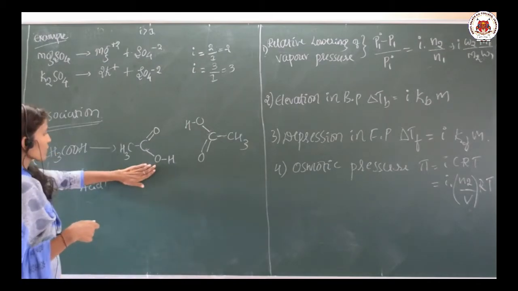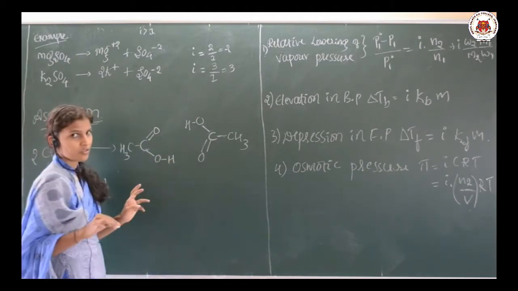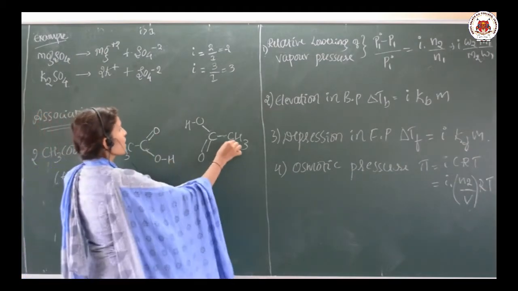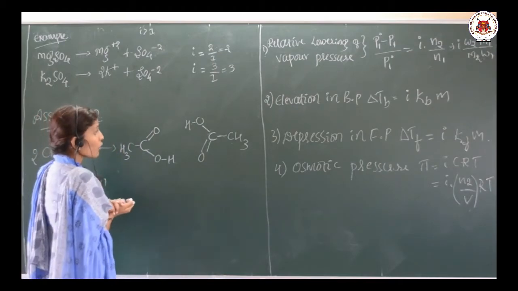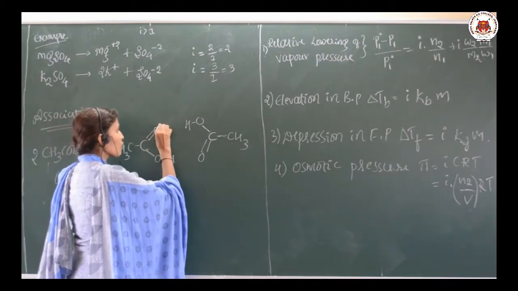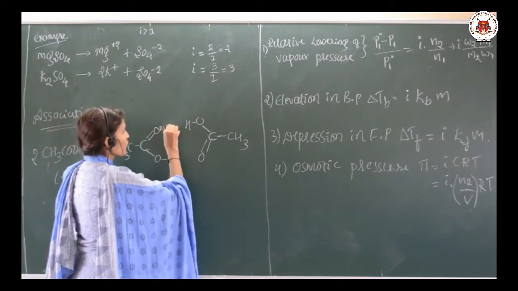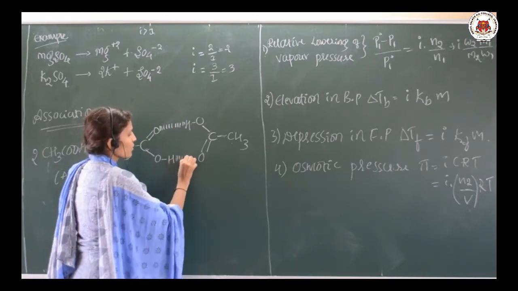See here, this is one molecule of acetic acid, CH3COOH, and another CH3COOH. So, what happens? It is going to form a dimer, with the formation of a hydrogen bond between this oxygen and this hydrogen here.